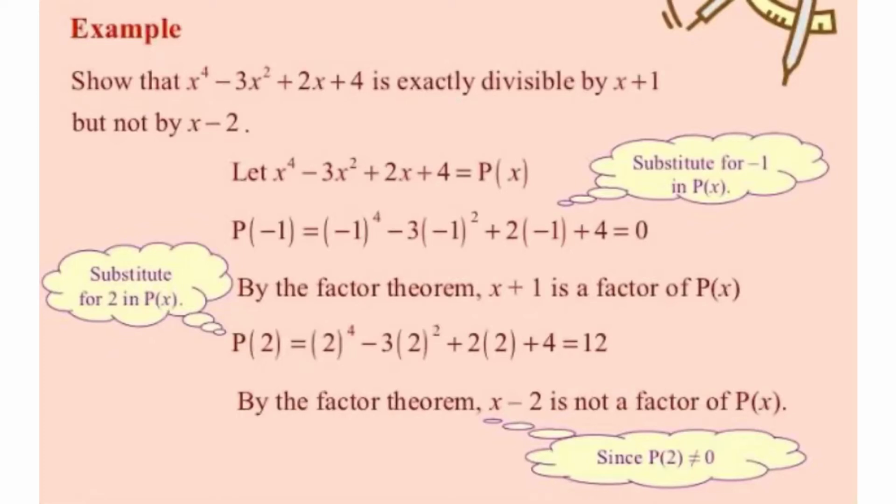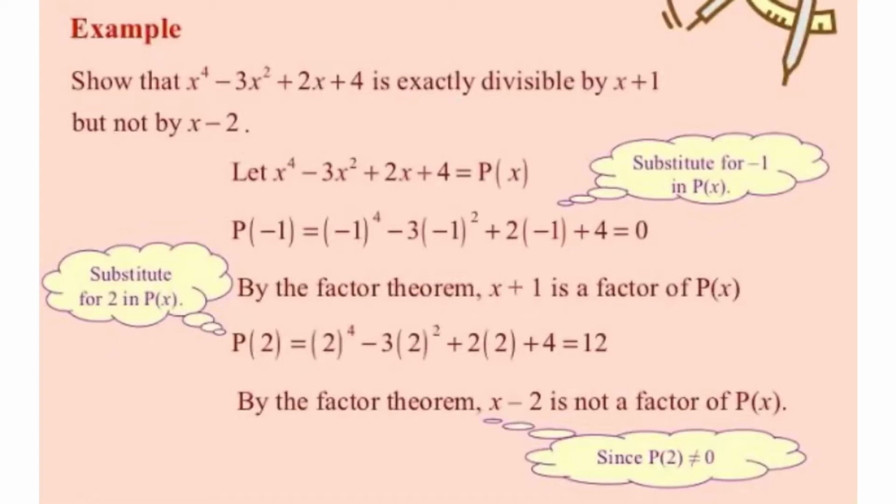So first of all, taking x minus 2 is equal to 0, we will get x is equal to 2. So we will find p of 2. So p of 2 is equal to 2 raised to 4 minus 3 into 2 square plus 2 into 2 plus 4, which is equal to 12. So here p of 2 is not equal to 0, and since p of 2 is not equal to 0, x minus 2 is not a factor of given polynomial.